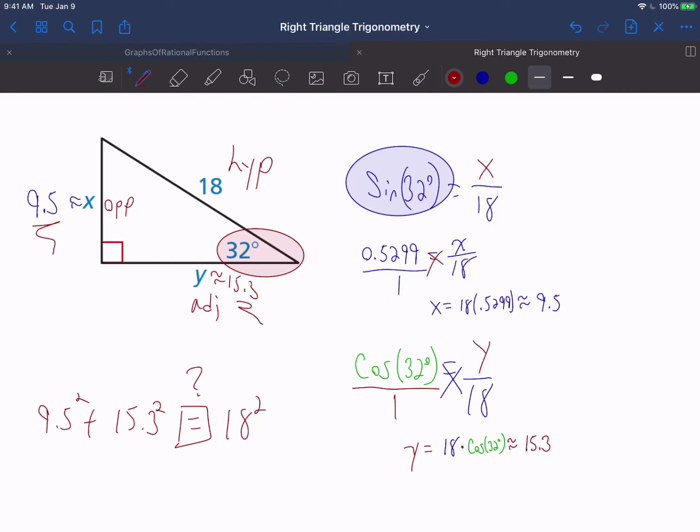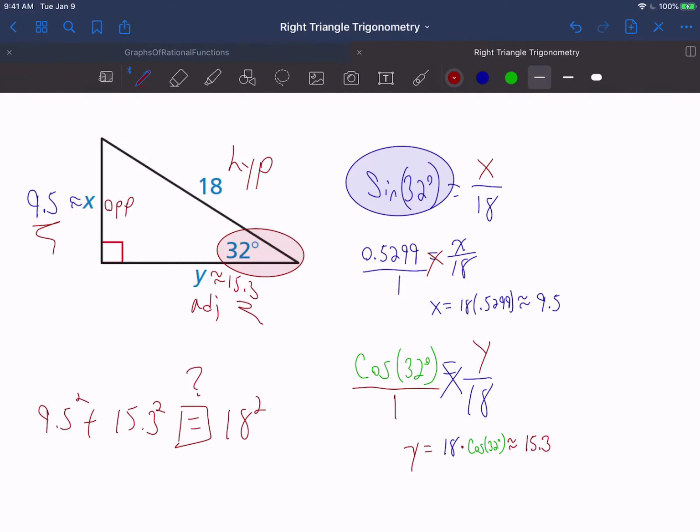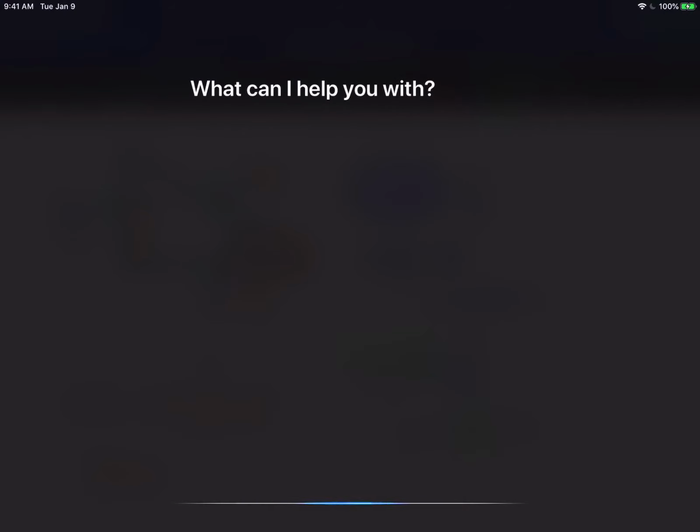So 9.5 squared plus 15.3 squared. What is 9.5 squared plus 15.3 squared? The answer is 324.34. What is 18 squared?